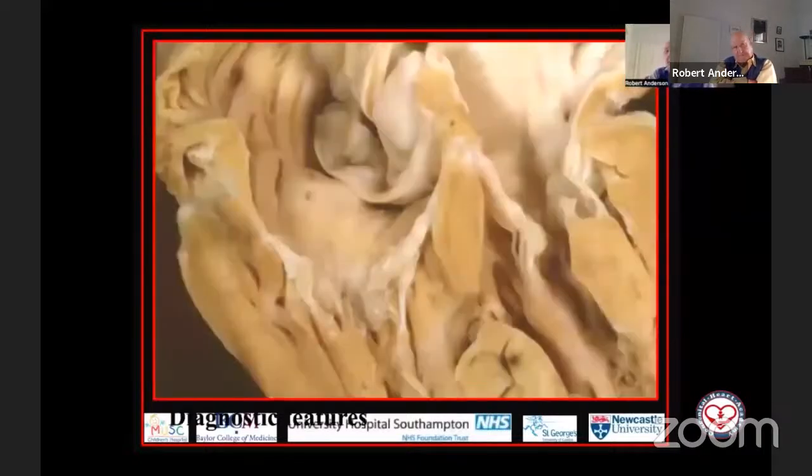And this is what it looks like if you make a 4-chamber section through such a muscular defect opening to the inlet of the right ventricle. There it is. You can see it has exclusively muscular borders.